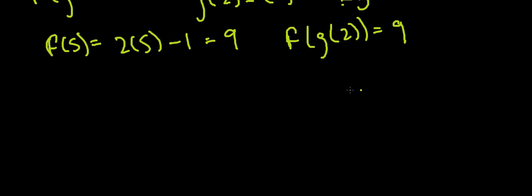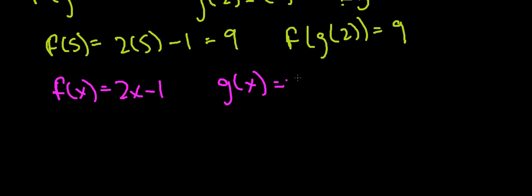But we can also make an equation out of this, so we can very easily find what multiple values of f of g of x are equal to. So let me rewrite our equations down here. f of x is equal to 2x minus 1, g of x is equal to x squared plus 1.